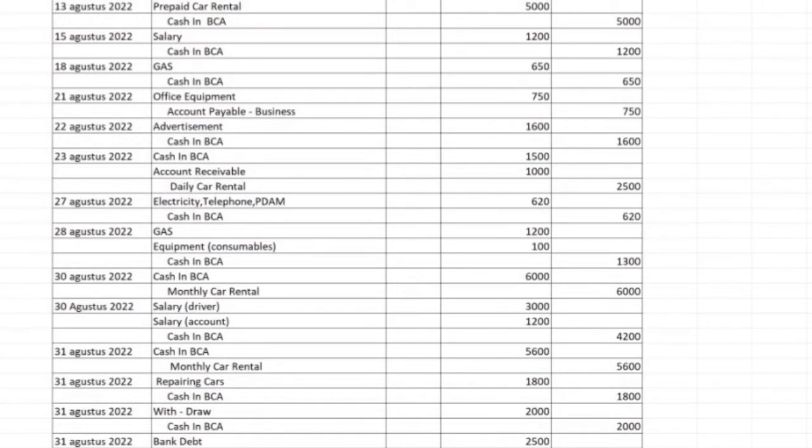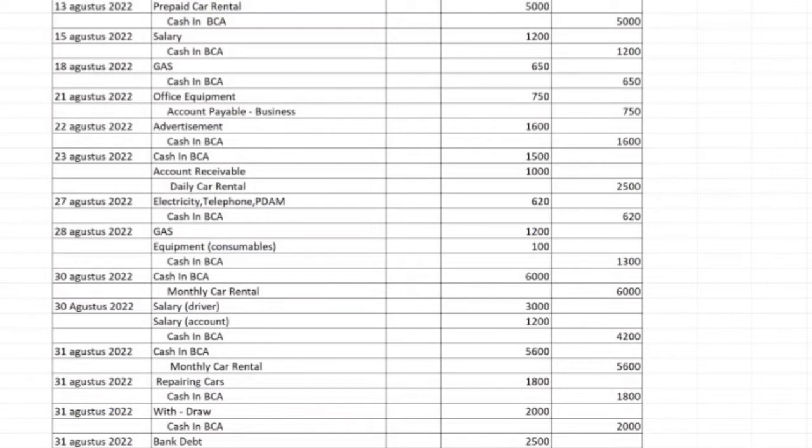Number 16, purchases of equipment on credit increased by 750 on the debit side and the debt also increased on the credit side of 750. That means office equipment is in debit side for 750 and account payable business in credit side for 750.